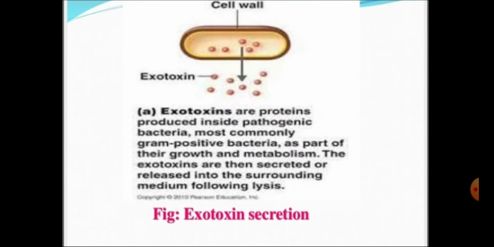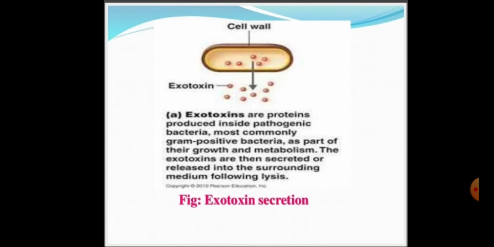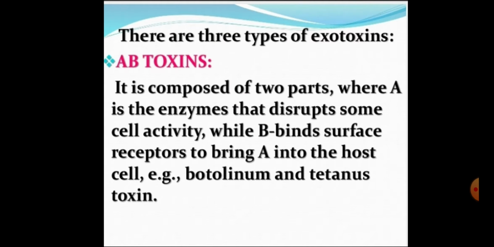Here, this slide shows the exotoxin secretions. There are three types of exotoxins, the first being the A-B toxins. It is composed of two parts.